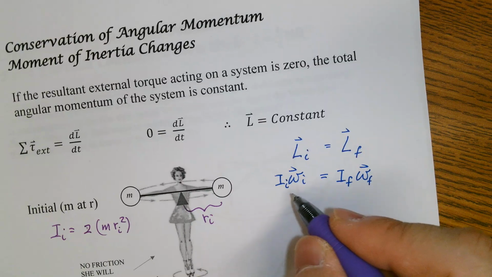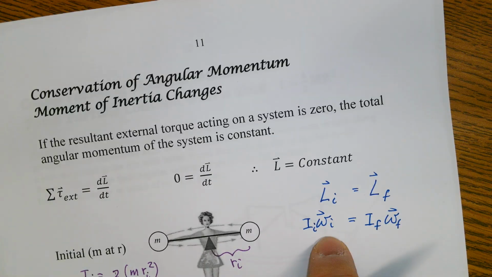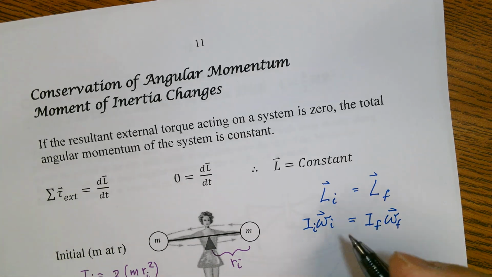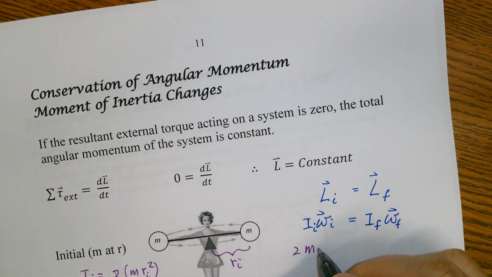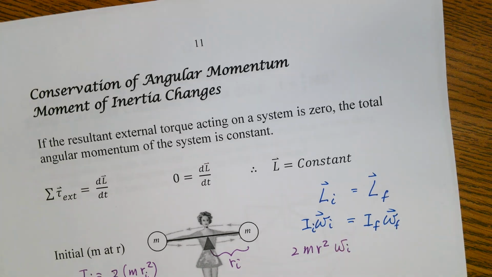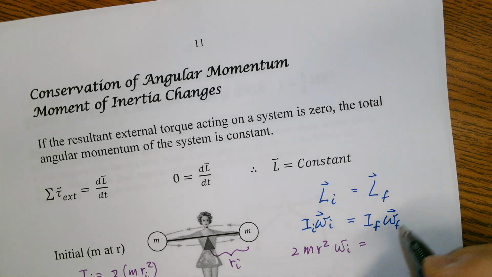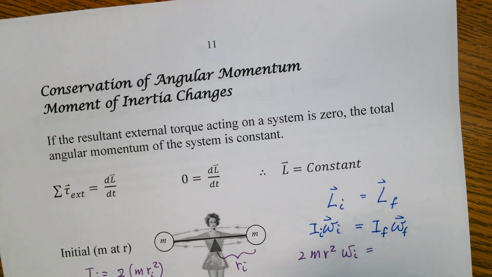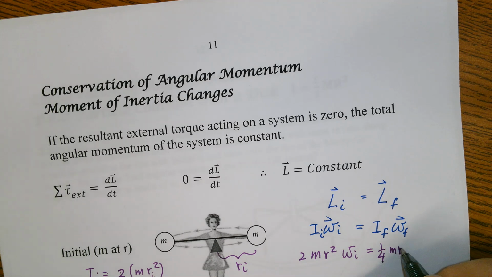So if we continue that on here, my I initial is equal to 2 mr squared omega initial, and that has to equal 1/2 mr squared times omega final.